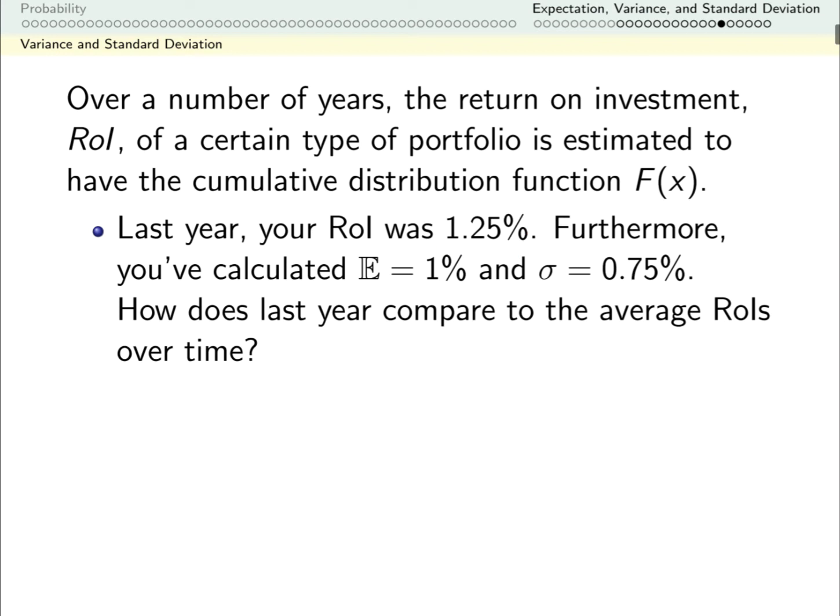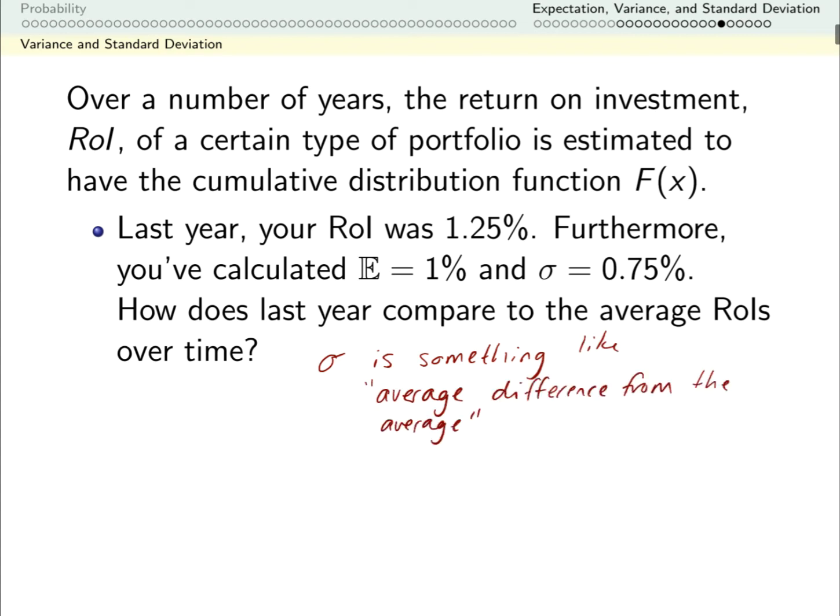But is it a lot above average, or is it a little above average? In order to put things into perspective, that's where we like to use the standard deviation. We think of standard deviation as average distance from the average. If we're thinking of it this way, then a sort of average year, we can imagine, well, it's between 1% plus the standard deviation and 1% minus the standard deviation.